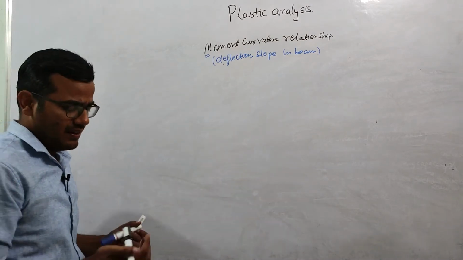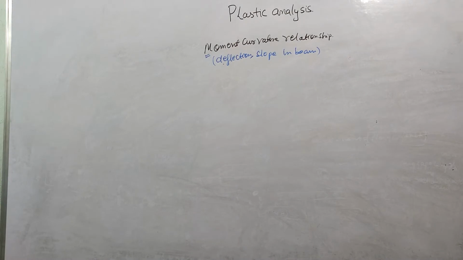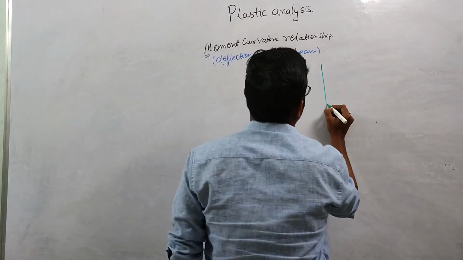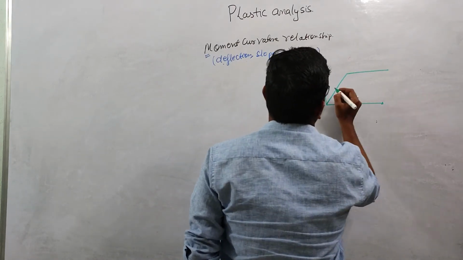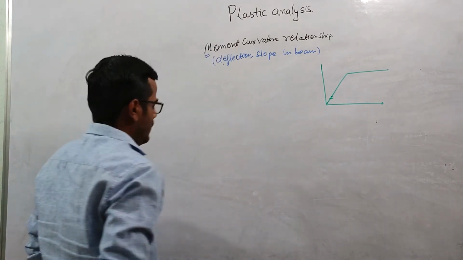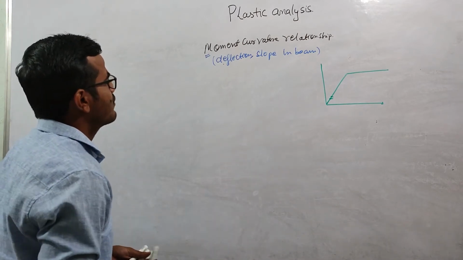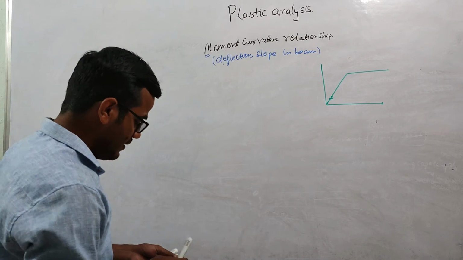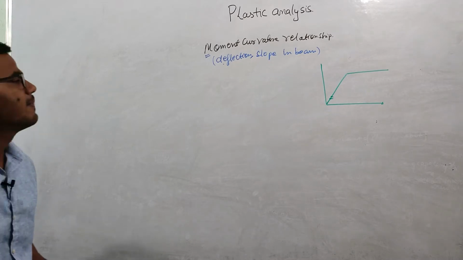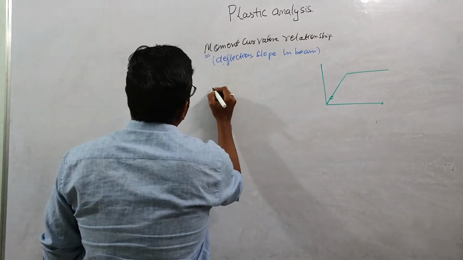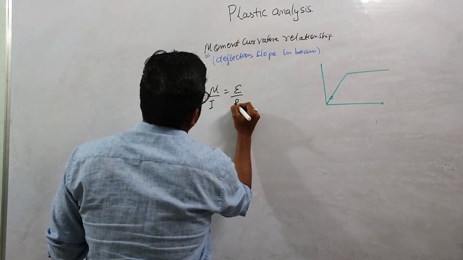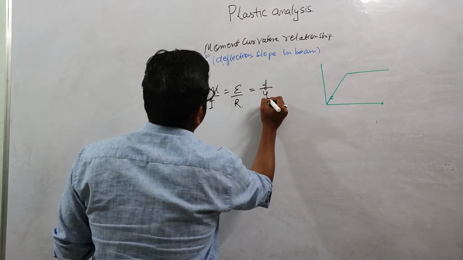So when the material is in the elastic state, let us suppose this is the elastic state, as per the simple bending theory which we have studied in strength of materials, we have one relation: M over I equals E over R equals F over Y, right?